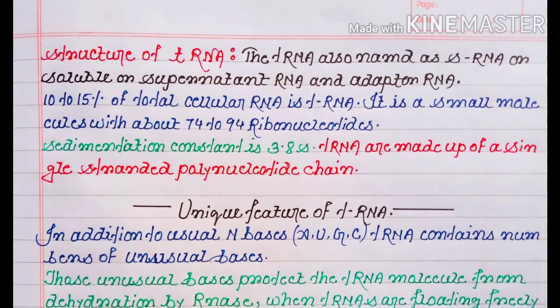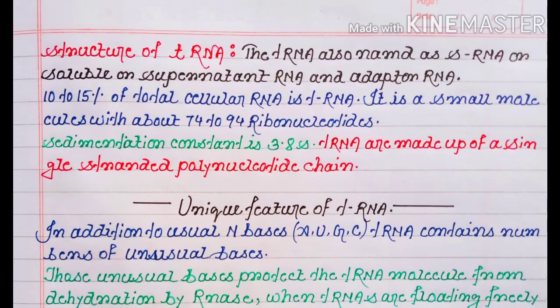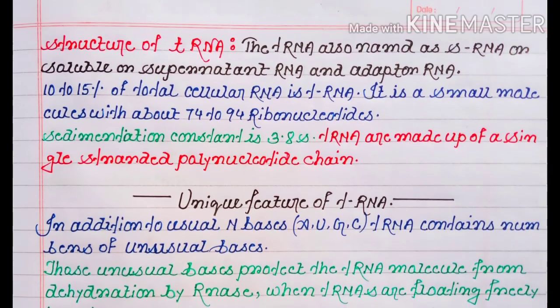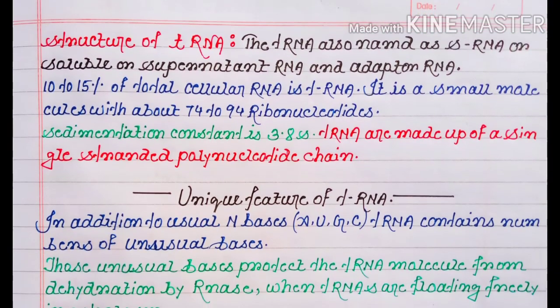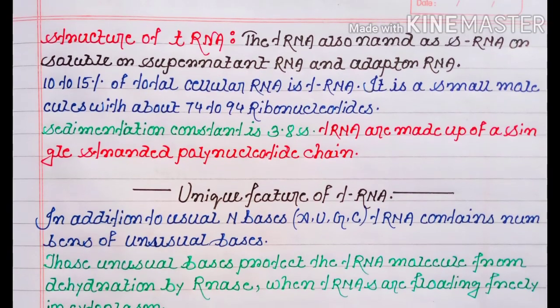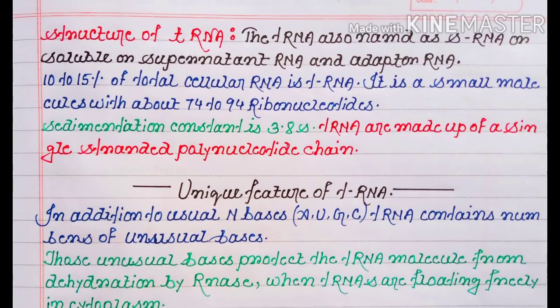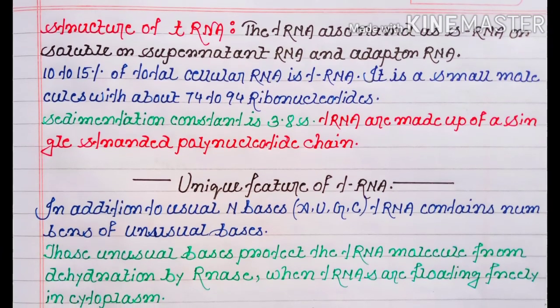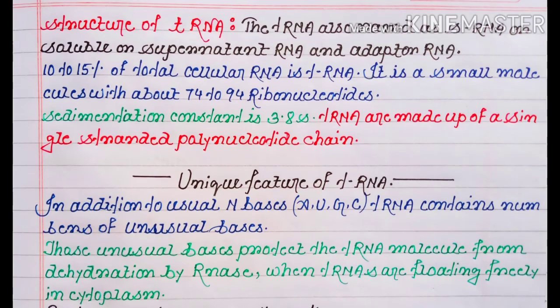Now next, let's talk about the tRNA. The tRNA is also named sRNA or soluble RNA or supernatant RNA and adapter RNA. 10 to 15% of total cellular RNA is tRNA.